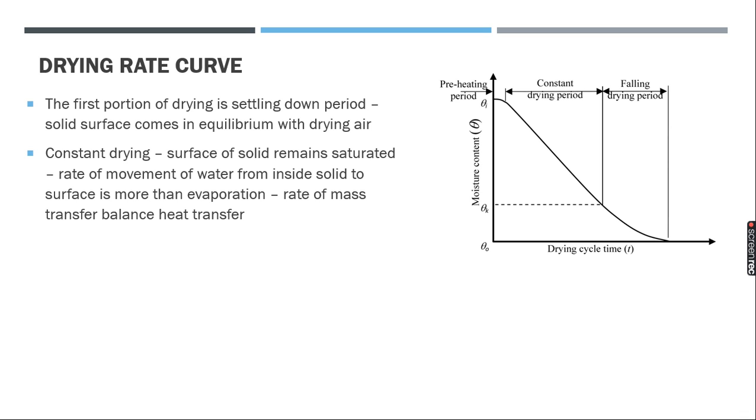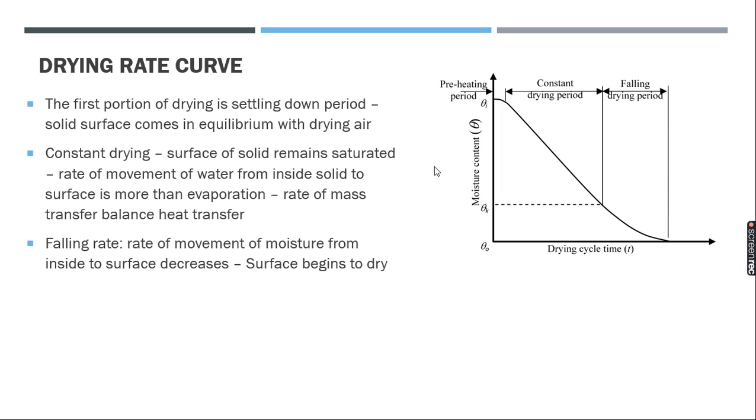Moisture will always be there on the surface, and the drying rate can be constant. So the rate of mass transfer is going to balance the heat transfer process. It is a constant rate of drying, the same amount of moisture is getting removed, there is no shortage. Here you can see moisture content versus drying time, it is really a constant one.